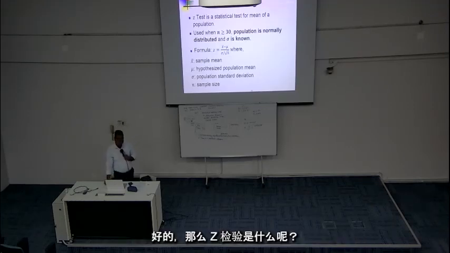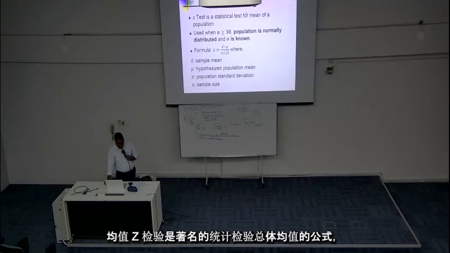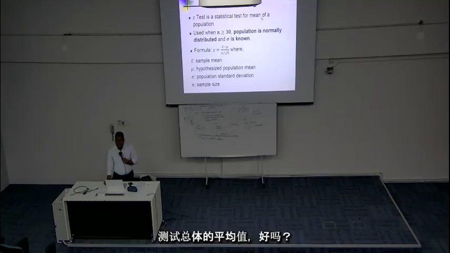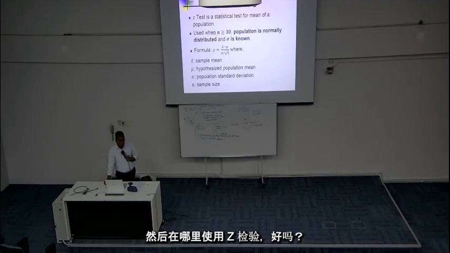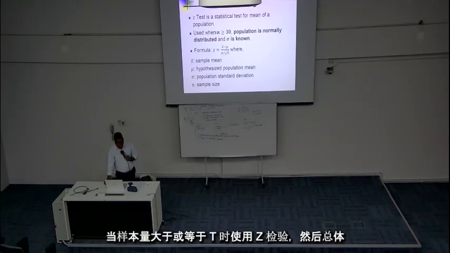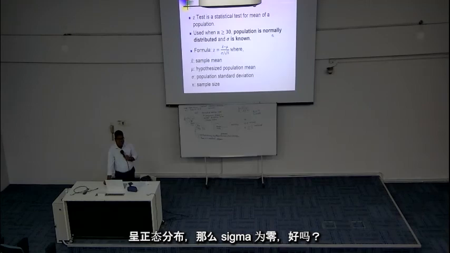So what is the Z test? The Z test for the mean is a famous statistical test for testing the mean of a population. Where do we use the Z test? The Z test is used when the sample size is at least 30, the population is normally distributed, and sigma is known.